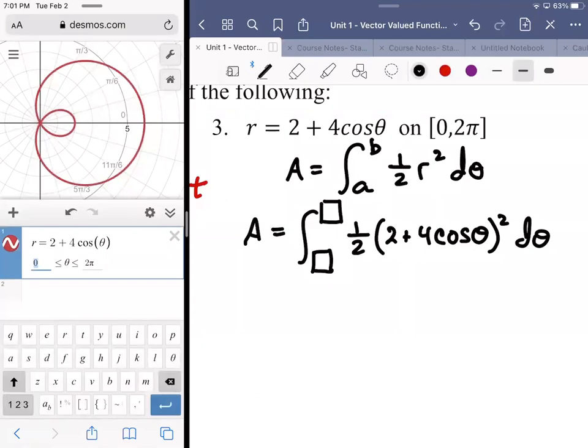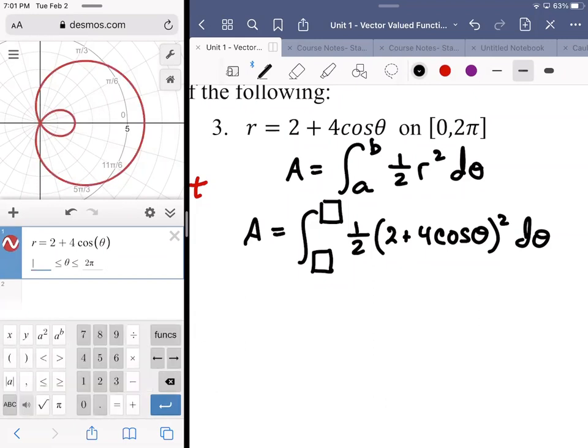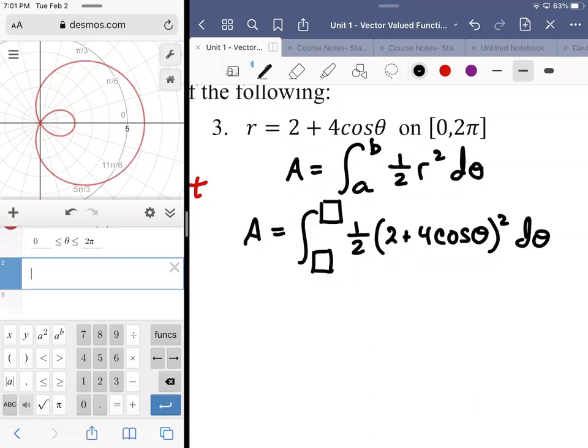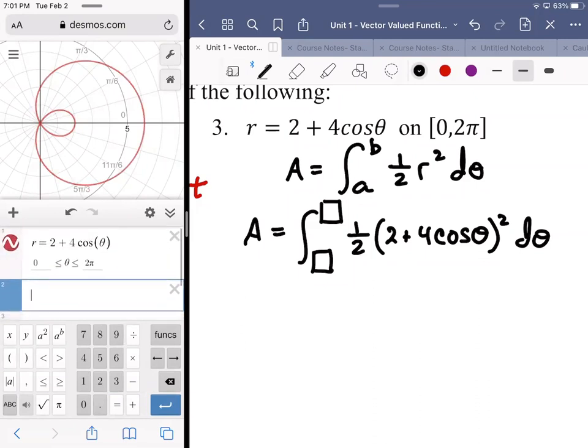Let me try 2 other values. Yeah, even with S, okay, whatever. I don't know. Maybe it is something that only works in rectangular. I'll research it later. So that tells me that my 0 to 2 pi would be fine as bounds for one full turn.